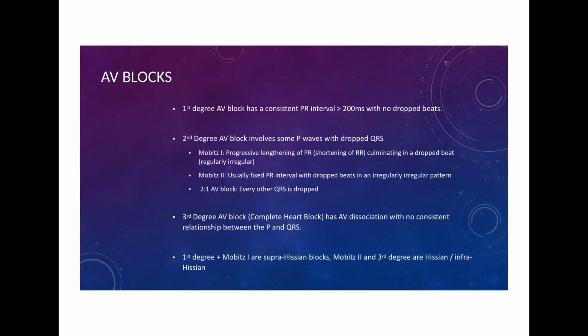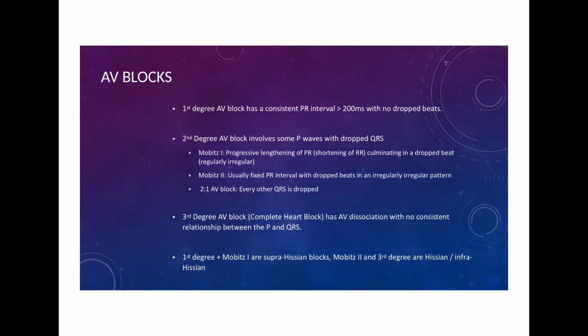We divide AV blocks into first degree, which is the least severe. That's just where there's a greater delay than usual in the sinus impulses getting conducted through to the ventricles, and that'll be seen with a PR interval that's greater than 200 milliseconds. Second degree AV block is where some of the impulses, but not all, are not conducted through to the ventricles.